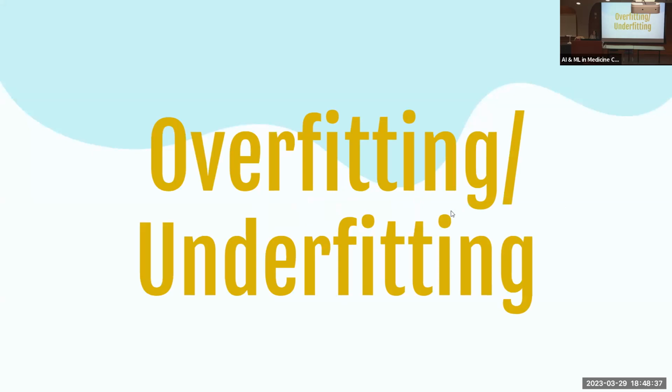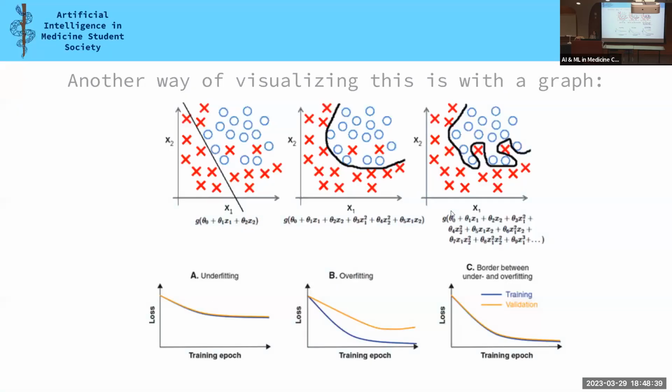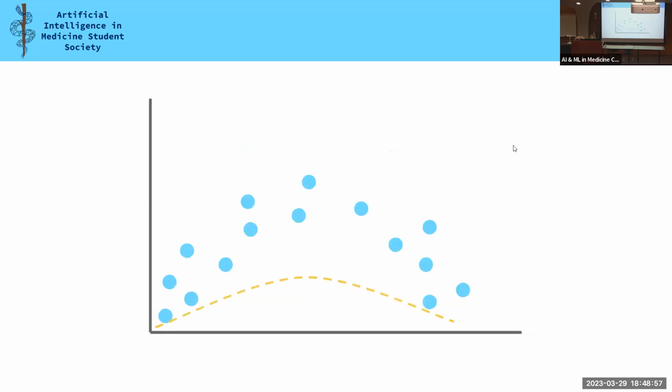In terms of overfitting and underfitting, we didn't really go into too much detail. I think it was covered in a previous lecture though. Essentially, we don't want a model that's too simple, that doesn't explain our data very well. And we also don't want a hyper fit model that tries to explain every single data point, but is not generalizable. If we look at this overfit example, let's say we're trying to fit these points with a quadratic function.